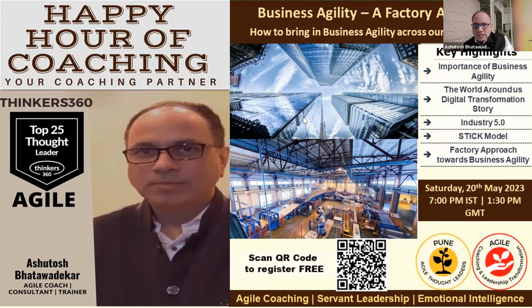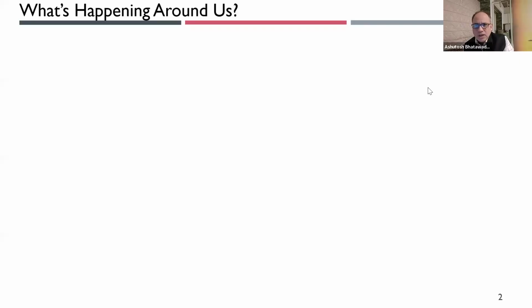All right. So let us understand what business agility is all about. As I said, it's a different lens which I have tried to put around. So let us see what's happening around us, right? The world around us, how is technology impacting the things around us? We all know that we live in a digital era, a digital transformation world. So how is this digital transformation impacting all of us?